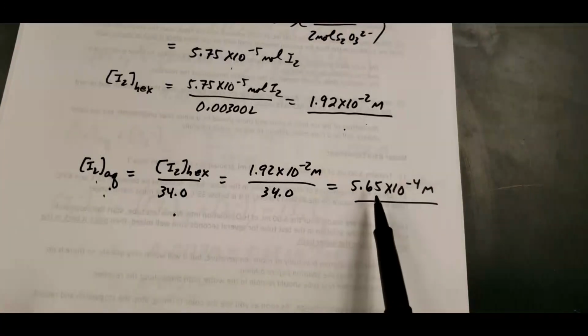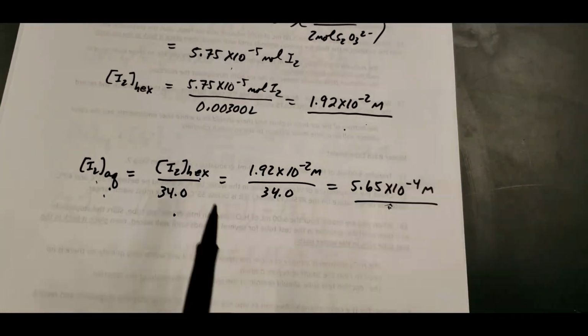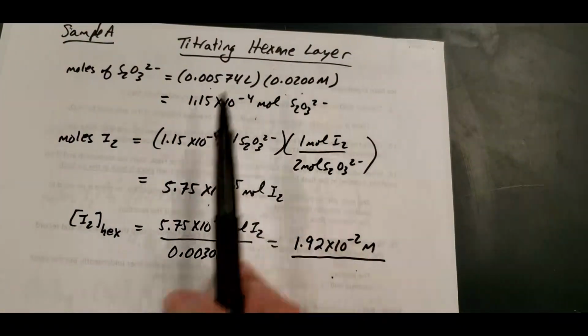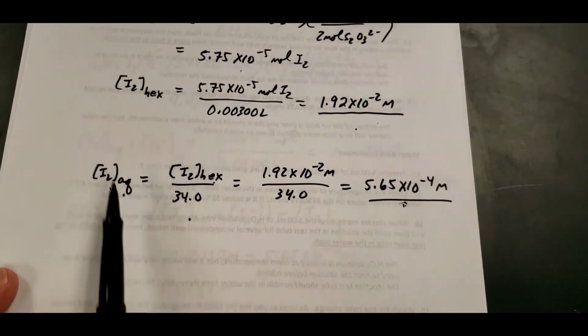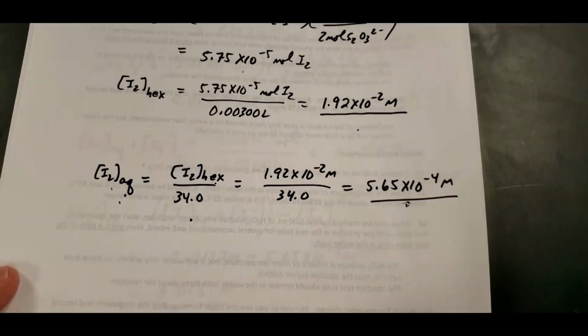So that's our first data point, and we're going to use it a lot later. That's the only reason we have to titrate the hexane layer. We find this one first, but what we're really after is the iodine in the water layer, which we find indirectly.